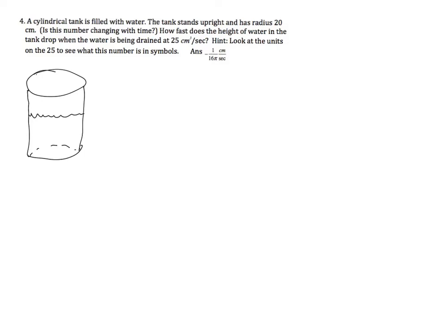It's the water that's going up and down in the tank. So that means that the radius of the tank is constant. It's not changing. So I'm going to put a number on that. So the radius of the tank is 20. But the height of the water is changing. So I'm going to put a letter with that. I'm going to put an H with that.